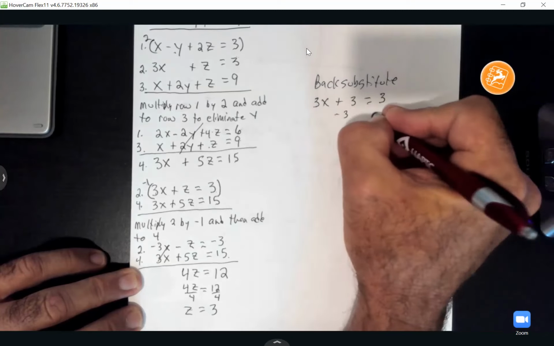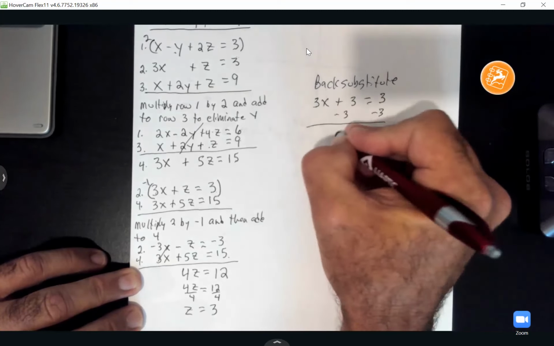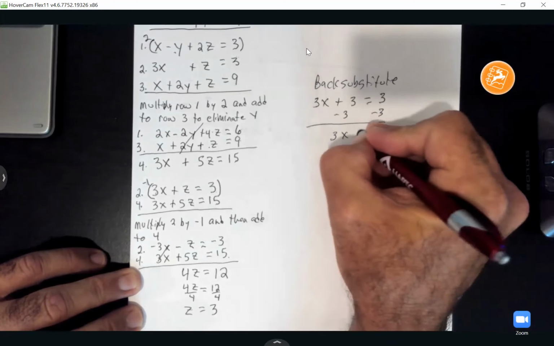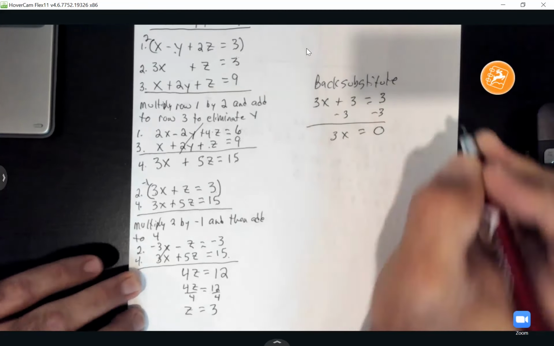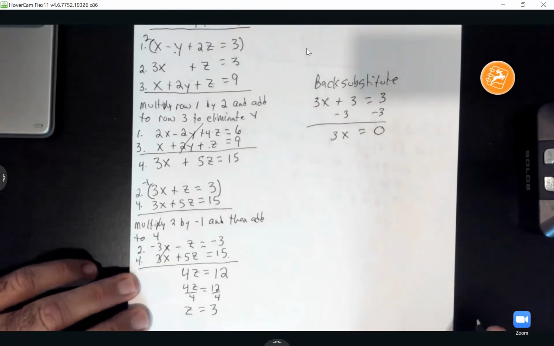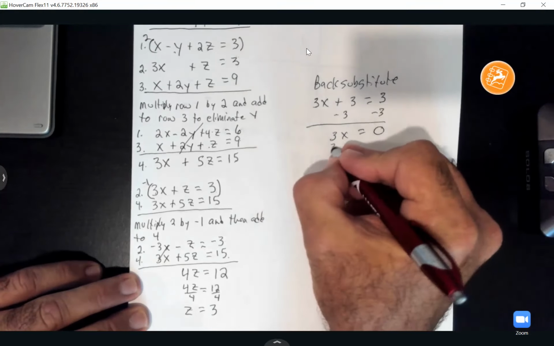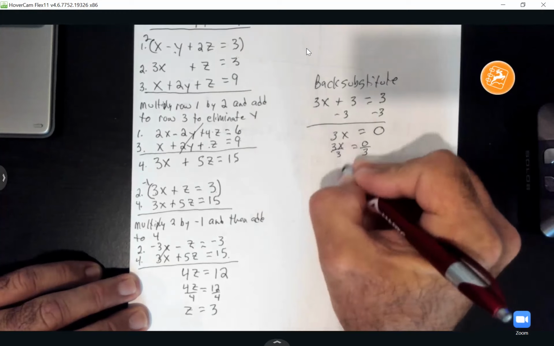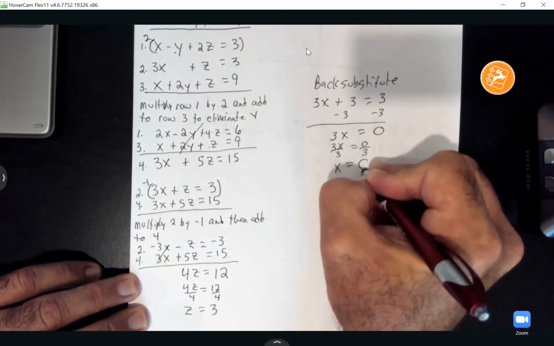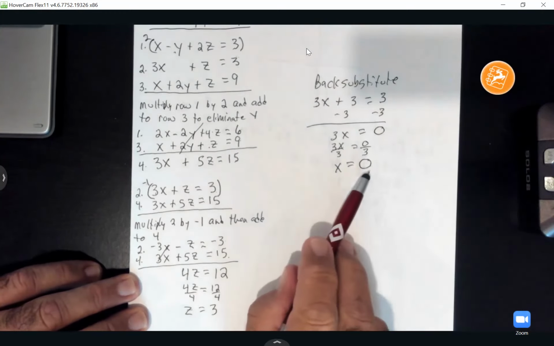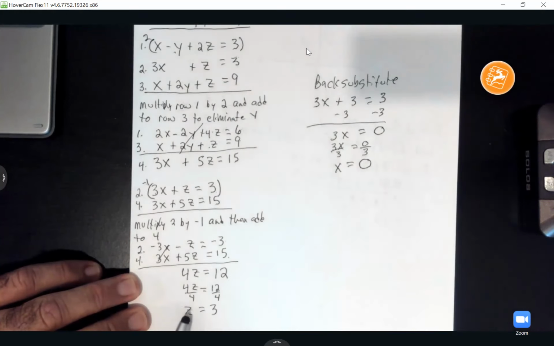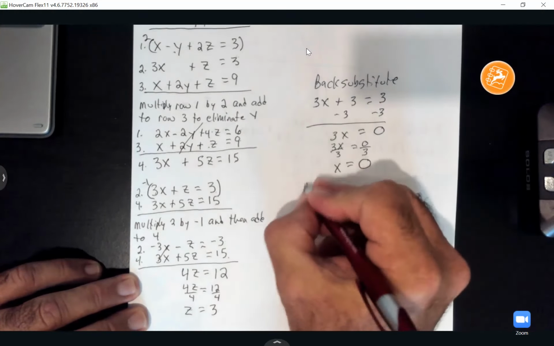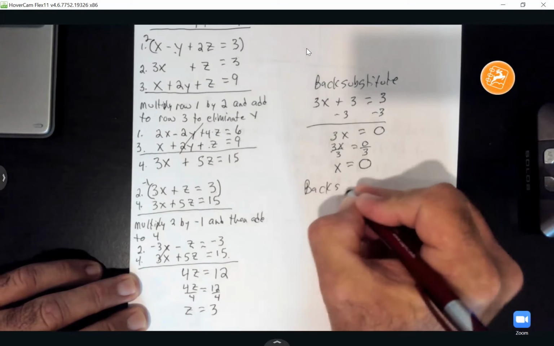I'm going to subtract 3 from both sides. I get 3x. Oh, look at that. I get 3x equals 0. So to solve that for the x, I'm going to divide both sides by 3. And I get x equals 0. So I now know x is 0, z is 3. So I'm going to back substitute one more time.